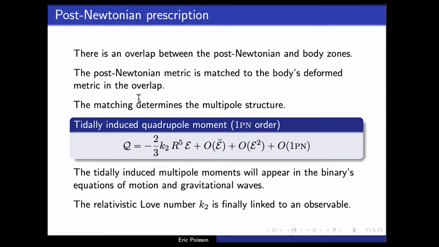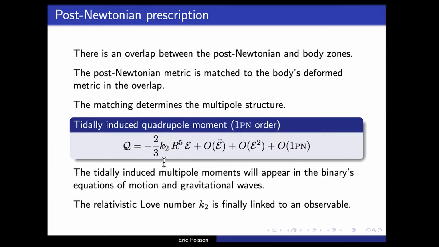That's how I will define multipole moments for a tidally deformed body through this post-Newtonian matching strategy where I take the metric in my body zone, I take the metric in the post-Newtonian zone, and I match it in the overlap region, and I determine all of this unknown multipole structure that had to be introduced in the post-Newtonian space-time.